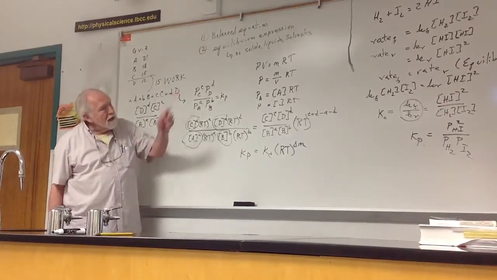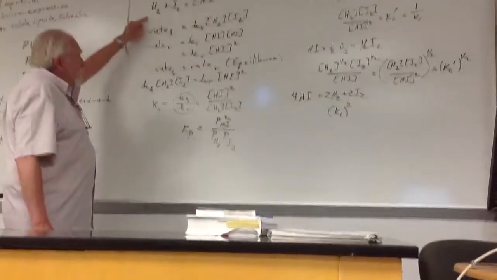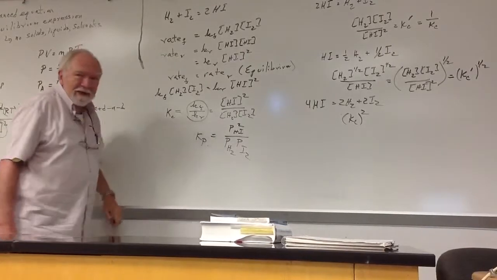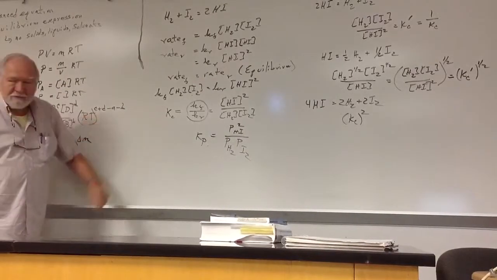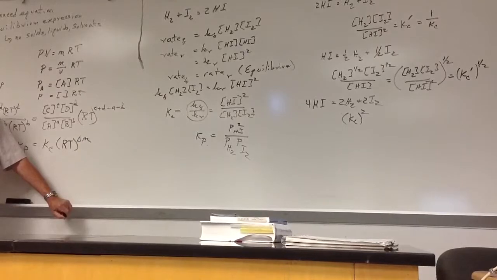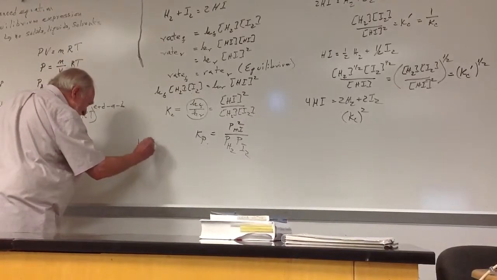Now notice I'm talking about the H2 I2 problem, this thing. How do we relate this K sub C number to K sub P? I have the K sub C number, and I want to calculate K sub P, or vice versa. You say, okay, I did it.